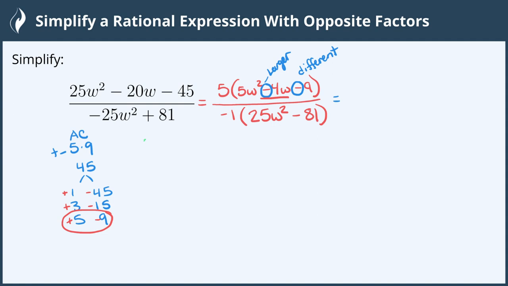So we have 5w squared, replacing the 4 with plus 5w minus 9w minus 9 for the trinomial, and then we will factor this 4-term polynomial by grouping. So we'll group our first two and our last two and look for the greatest common factor of the first two.